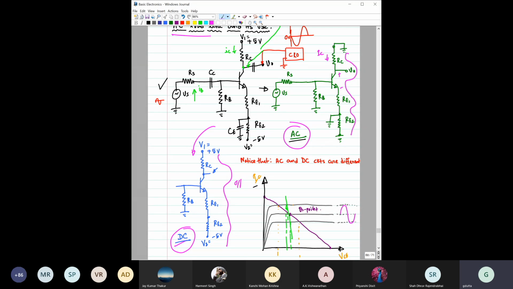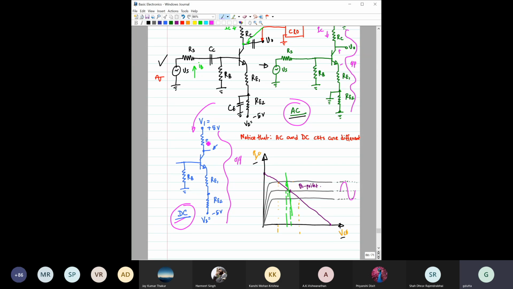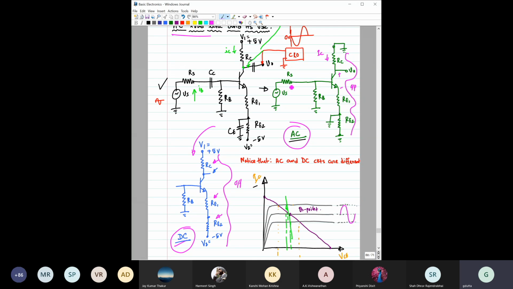If we now consider this output loop for these two, AC and DC, for the DC output loop we have three resistances, RC1, RE1, RE2, right? However, for the AC we have only RC1 and RE1, because after this point it is grounded, right? So we have only these two resistances, RC and RE1, and you know that RE1 is much lower than RE2.